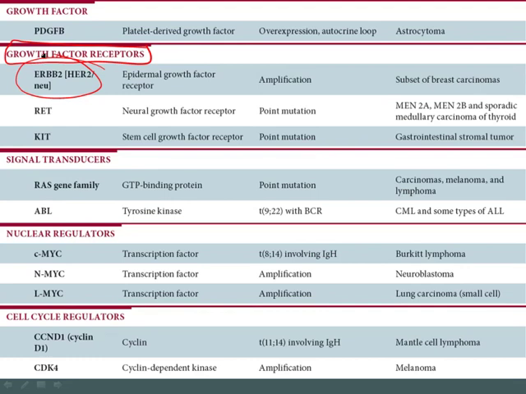You'll remember from pharmacology that there is a designer antibody called trastuzumab, also called Herceptin, which is designed against the HER2/neu receptor. And so patients who have amplification of HER2/neu, resulting in a subset of breast cancer, can be treated with trastuzumab.